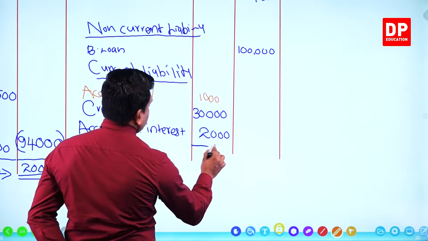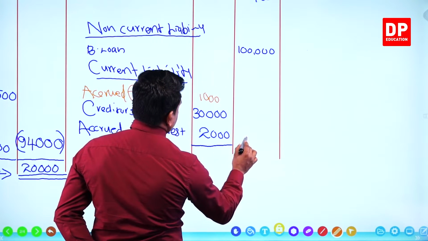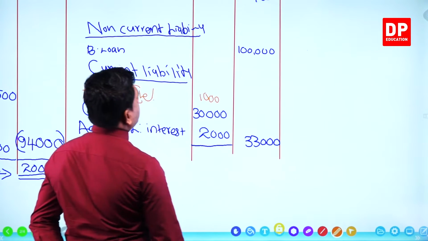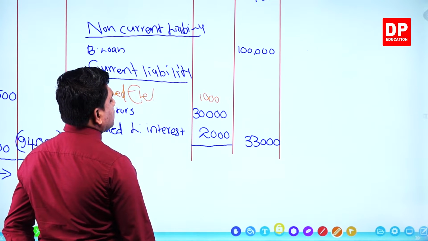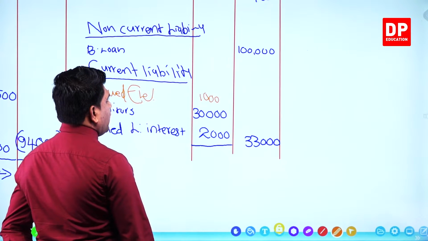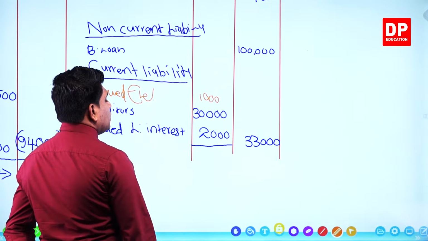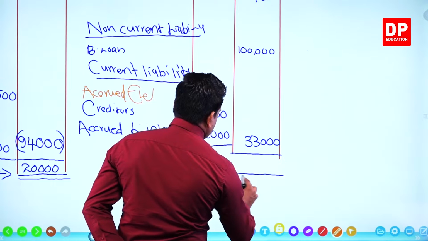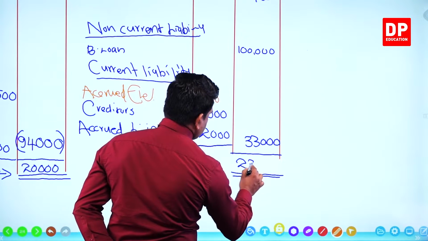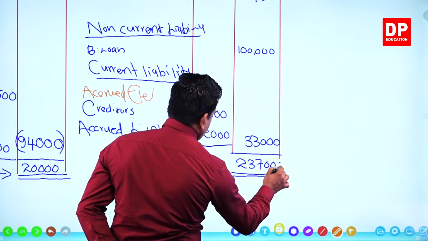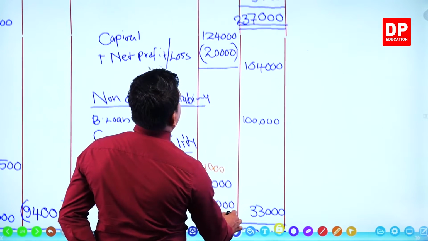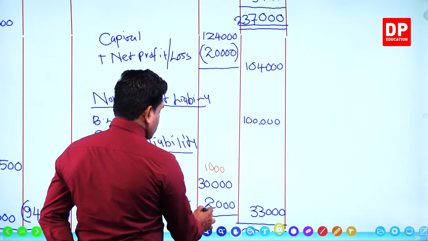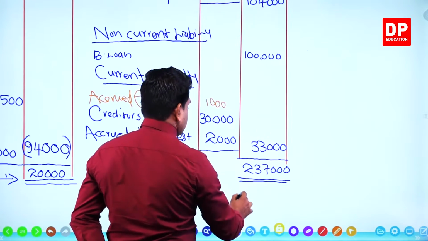Here 30,000 plus 3,000 is 33,000. Above you can see 104 and 100,000, 204,000. 204,000 plus 33,000 is 237,000. Check both are correct or wrong. Above also you get the same value, 237,000, and below also you get the same value, 237,000.